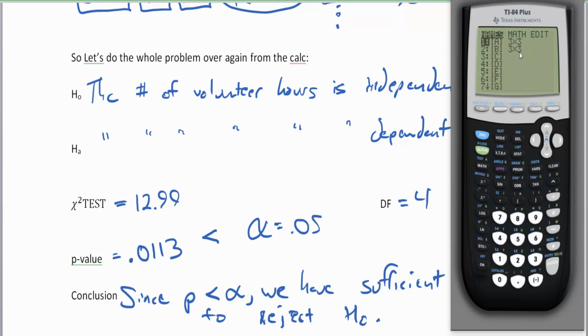It just magically appeared, but it didn't magically appear. The people who programmed this calculator wanted you to have the 3x3 expected value matrix, because sometimes you want to analyze which cells were way off of the other cells. So if I click on edit and move down with my down arrow key to B and hit enter, check it out. Here are my expected values.